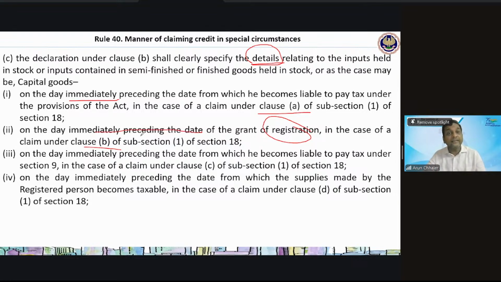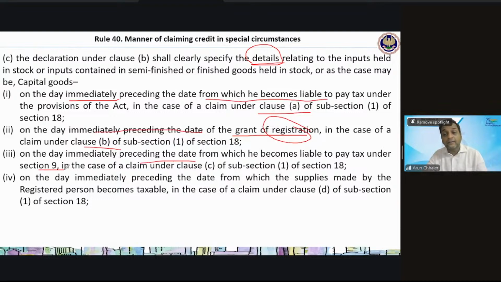Of which day? If it is a mandatory registration, the day immediately preceding the date on which he became liable. If it is voluntary, then preceding the date of the grant of the registration. If it is Section 10 to Section 9, then preceding the date from which he became liable to pay the tax under Section 9, that is the regular category.